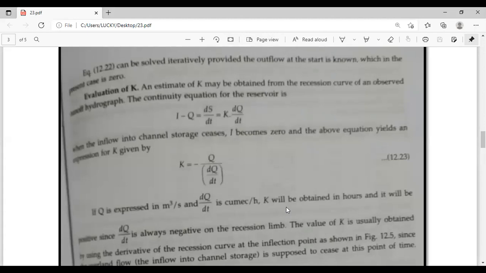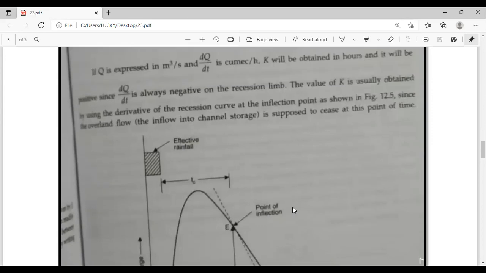If Q is expressed in cubic meters per second and dQ/dt in cubic meters per second per hour, K will be obtained in hours, and it will be positive since dQ/dt is always negative on the recession limb.